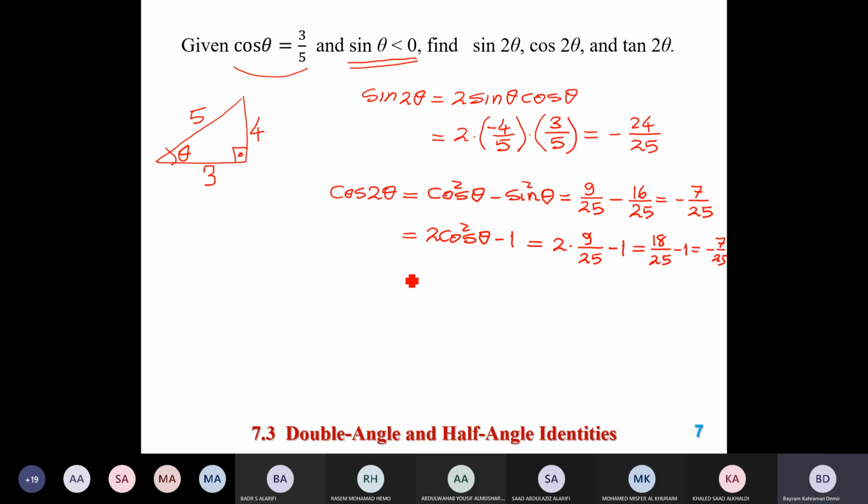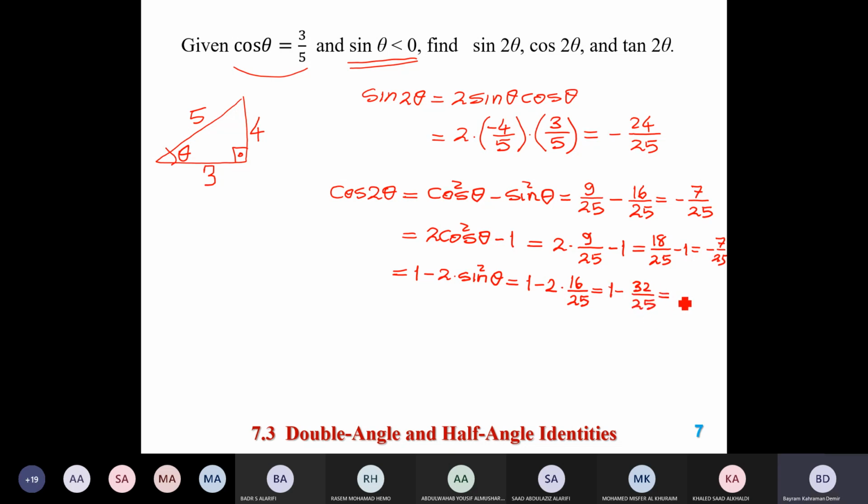Or somebody likes to use the third one, maybe 1 minus 2 times sine square theta. That means it is 1 minus 2 times, what is sine square? 16/25, right? It is 1 minus 32/25.